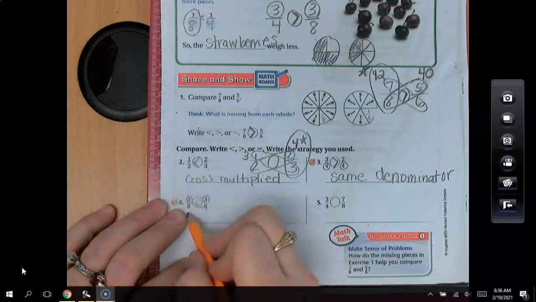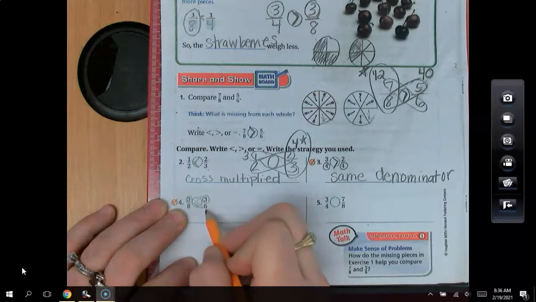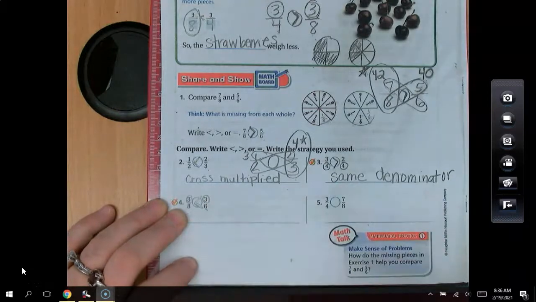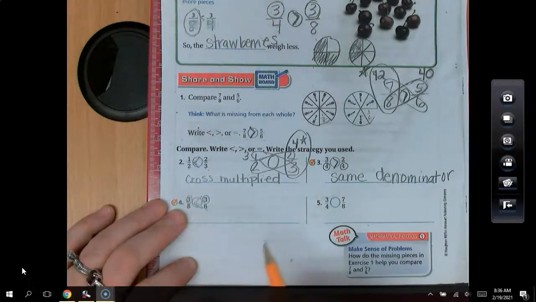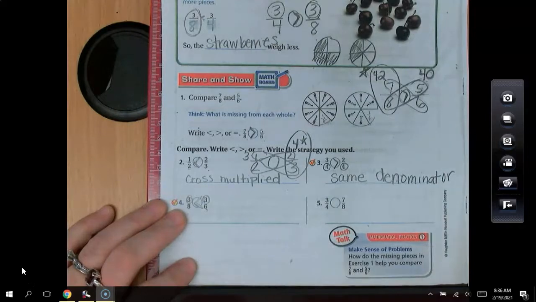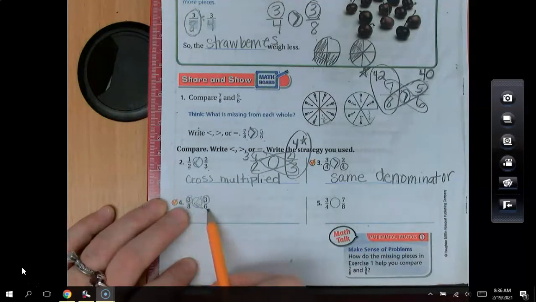So 3/8 is less than 3/6, okay? When your numerators are the same, you have to think opposite. You have to look at your denominators and think opposite. You have to ask yourself, would I rather share with 8 people or 6 people? Well, I would get a bigger piece of pizza if I shared with only 6 people.